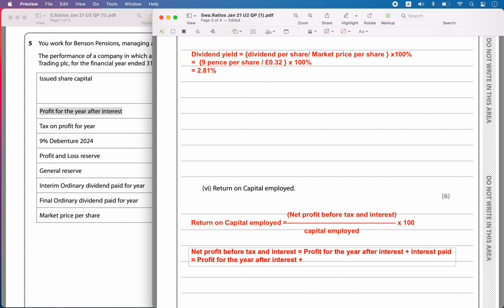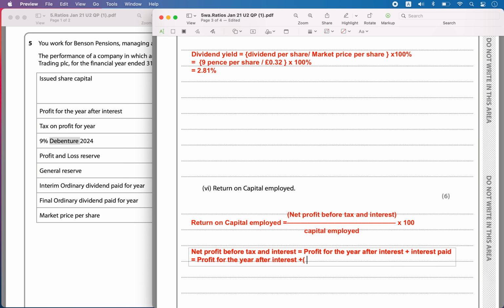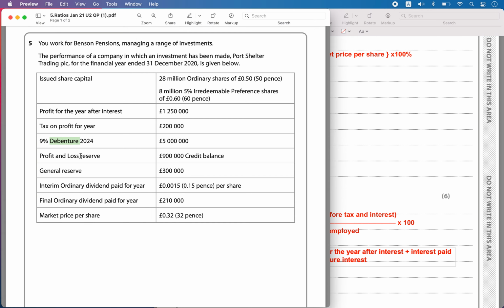So profit for the year after the interest was paid, but we need profit before interest was even paid. Okay, so the interest paid includes debenture interest. The interest that must have been paid is the loan interest. So one was the debenture interest and there is nothing else.